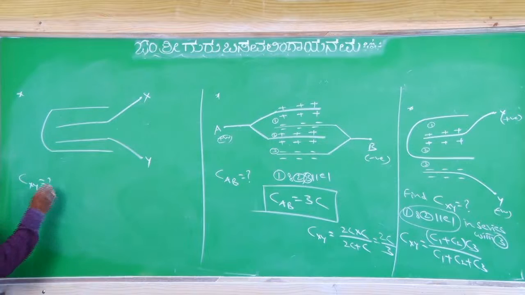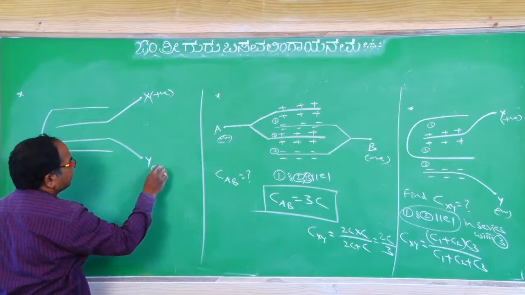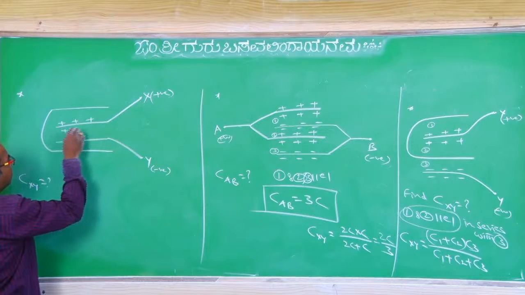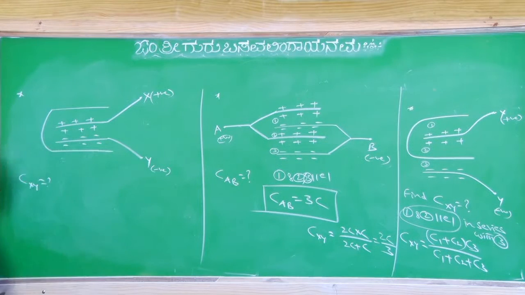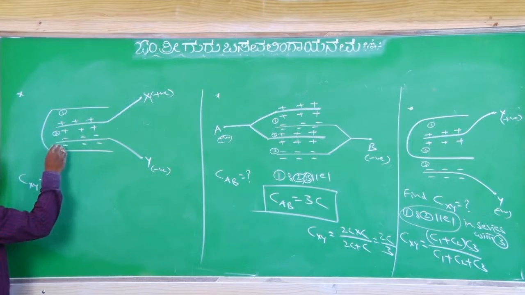How many capacitors are there? This is positive and this is negative. So, plus, plus, plus, plus, plus, plus, minus, minus, minus, minus, minus. How many capacitors are there? 3 capacitors. 1, 2, 3.